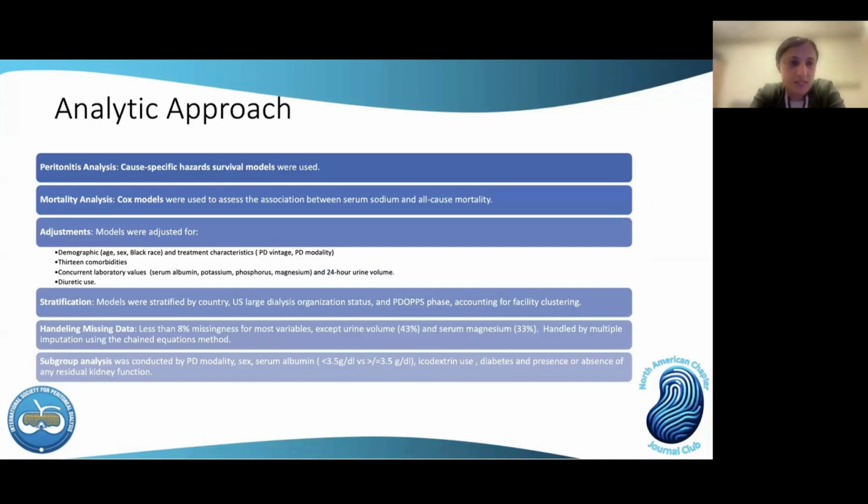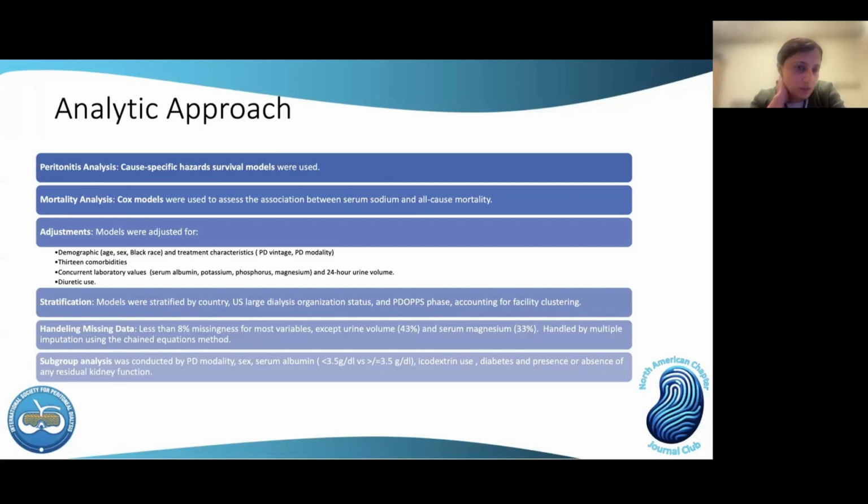So for statistical analysis, for peritonitis analysis, cause-specific hazard survival model was used. For mortality analysis, Cox model was used to assess the association between serum sodium and all-cause mortality. Adjustments were made for multiple different things. They categorized into 4 different models. Model 1, they adjusted for demographics, age, sex, Black race, and treatment characteristics, PD vintage, and PD modality.